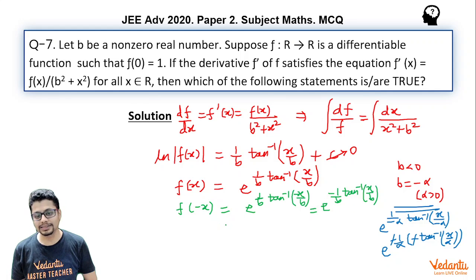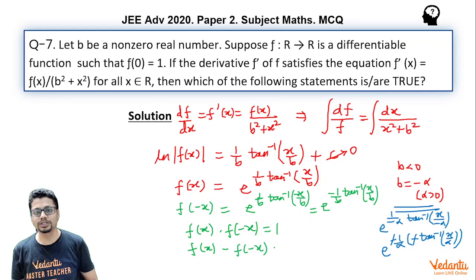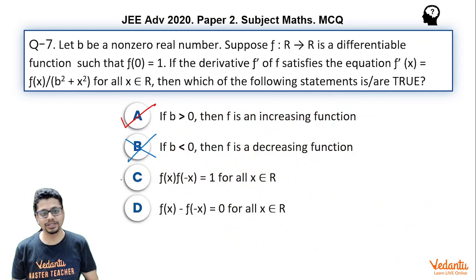Basically, it is the reciprocal of f of x clearly. So I can say f of x multiplied by f of minus x would be 1 for every x. And in the same way, I can say f of x minus f of minus x is not compulsorily 0 for all x. It is not 0 for every x belonging to real. So that essentially means C is correct, D is wrong.